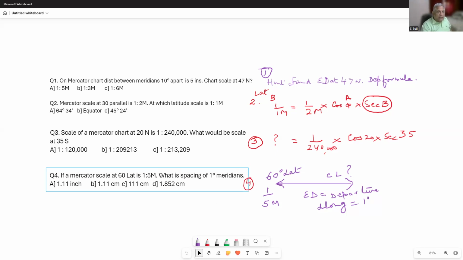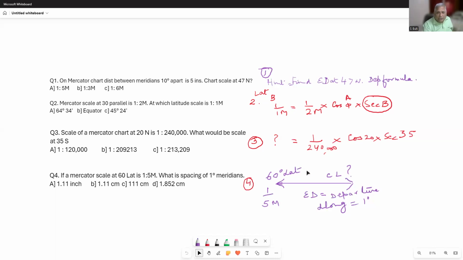Similarly, he says the Mercator scale at 60 degrees is given to you. What is the spacing of 1 degree meridian? That means what is the chart length or distance between 1 degree meridians? Chart length. And remember, for 1 degree meridians, your DLong is 1 degree, which will be 60 minutes of DLong.